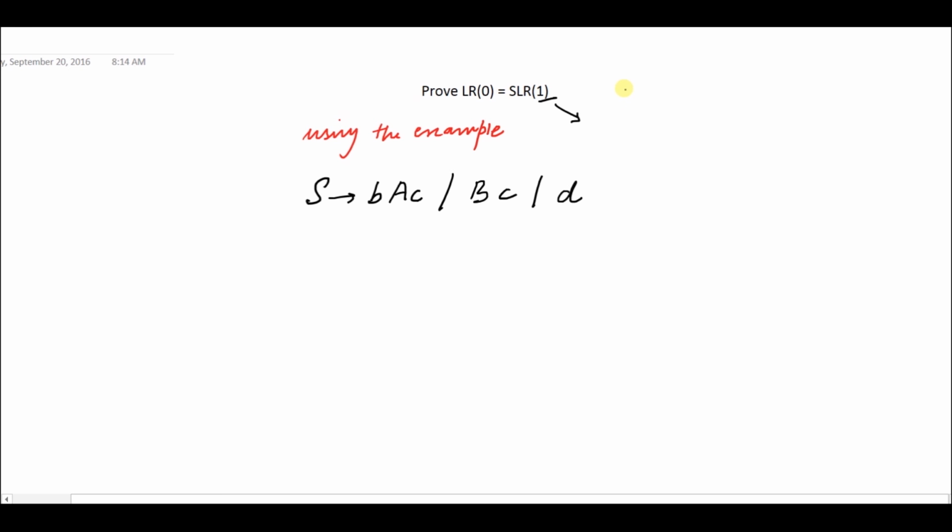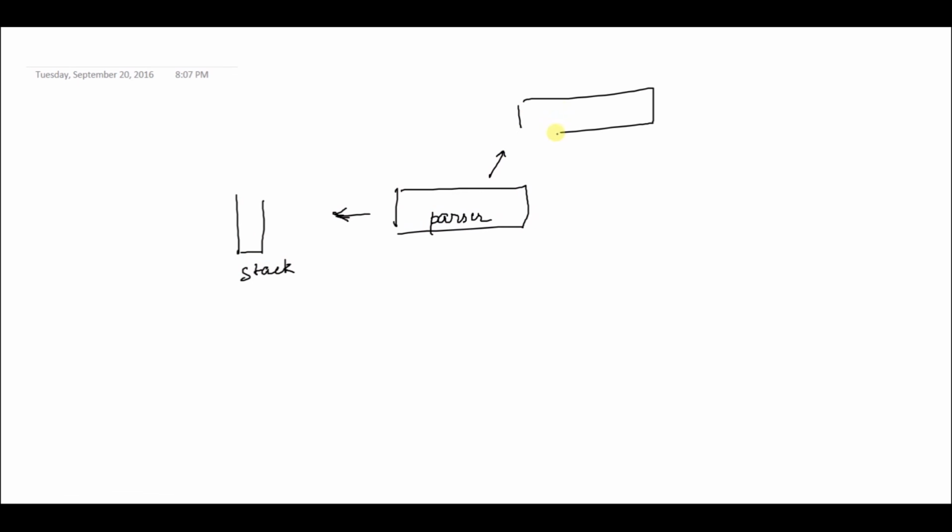Let us have a quick look at the structure. They both have a parser here, and access to a stack here, an input buffer, and a parsing table.